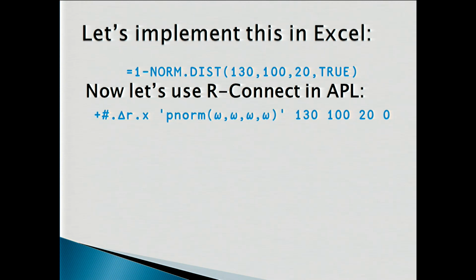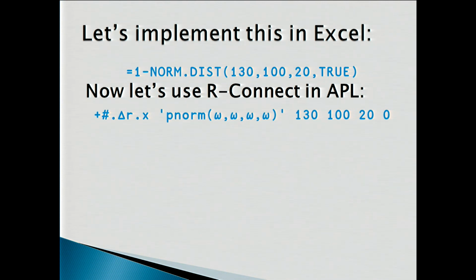workspace, and you have to, first of all, make a call to R. So this is the R execute function. This is the name of the R function, pnorm, which is the normal distribution. The prefix P means that it's a cumulative distribution.